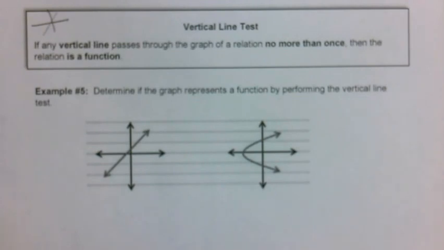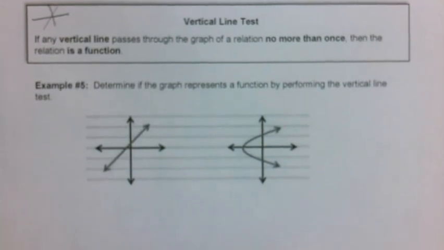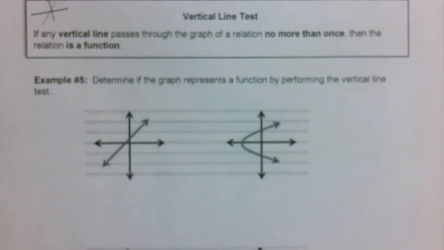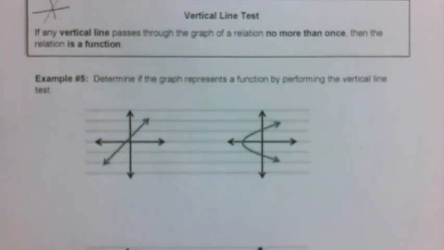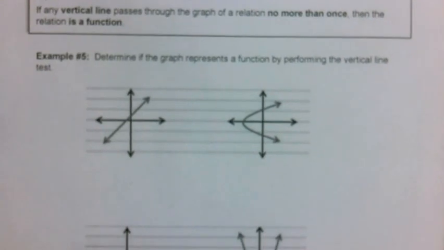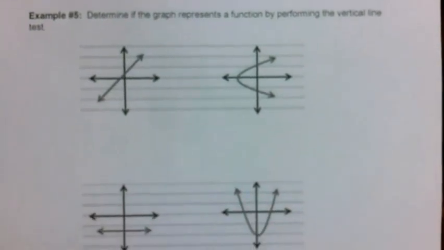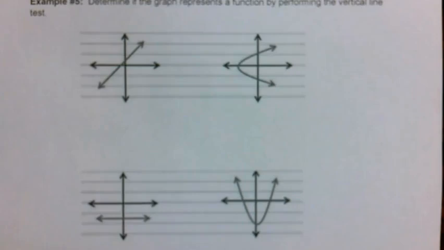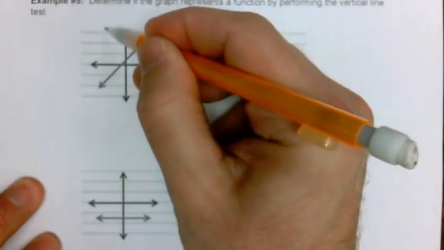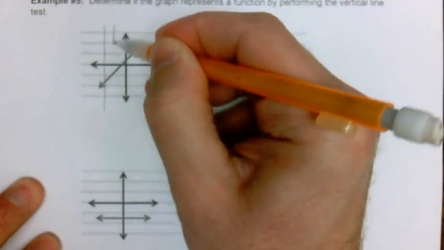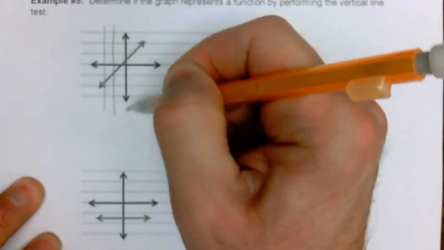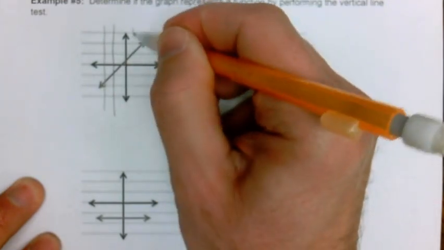What we're going to do now is use the vertical line test on some graphs of relations, and we're going to see if those relations can be called functions. Again, we have to use the vertical line test. If the vertical line only passes through the graph of the relation no more than once, then we know we're working with a function. So for each of these graphs, we're going to draw 5 different vertical lines. I'm actually going to use this axis as one of them, so that can be the third one.